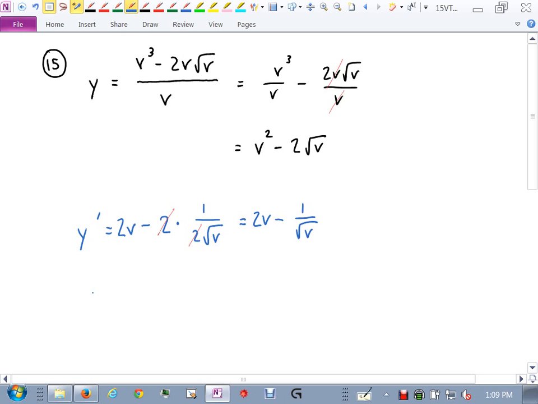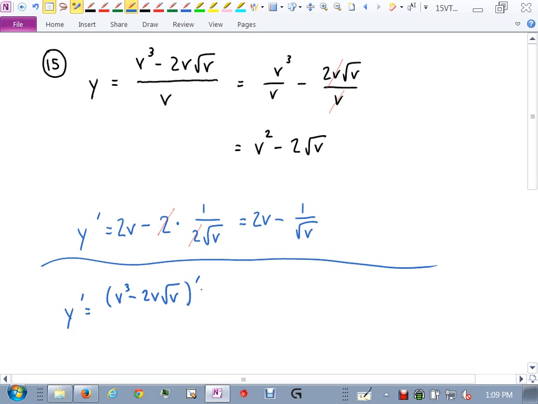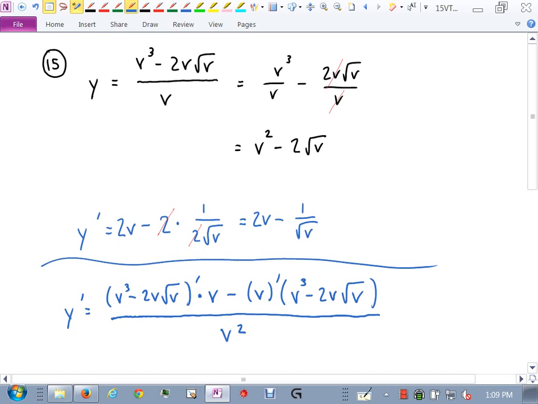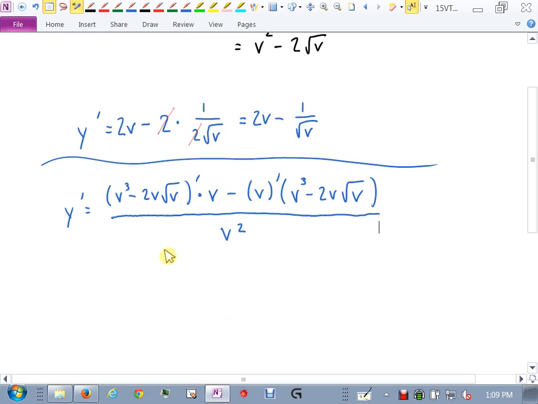If I were to do the quotient rule, then I would have y prime equals the derivative of the top times the bottom minus the derivative of the bottom times the top, all divided by what? The bottom squared, right? All right, so I have to take derivative of this, right? So I look at that and I say, do I know what the derivative of this is? Well, I have right here subtraction, so I can do this one and this one separately.